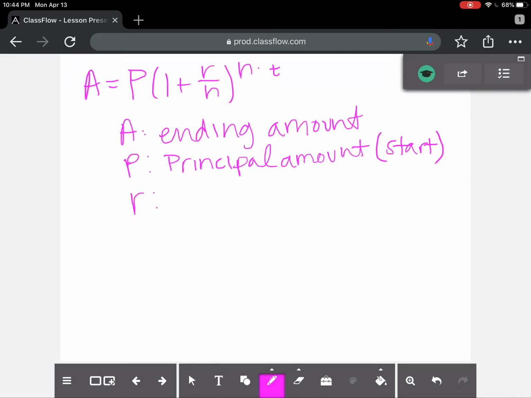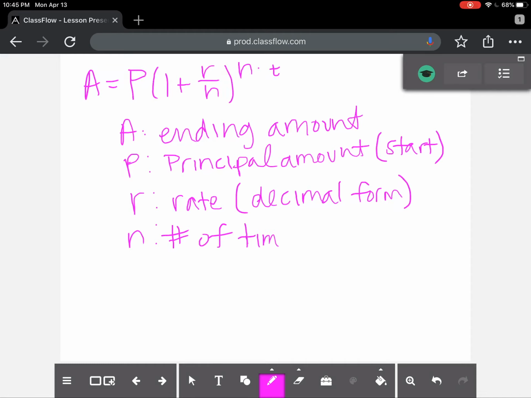Okay, your initial amount, your starting amount, your principal amount. Okay, r is going to be your rate. You need to make sure that your rate is always in decimal form. Do not plug a percent into r. n is going to be the number of times your money is compounded per year.